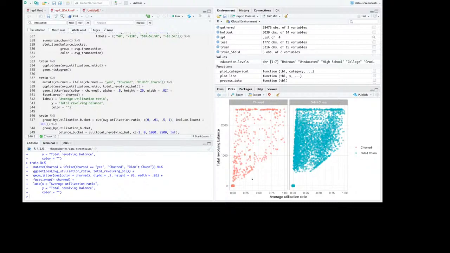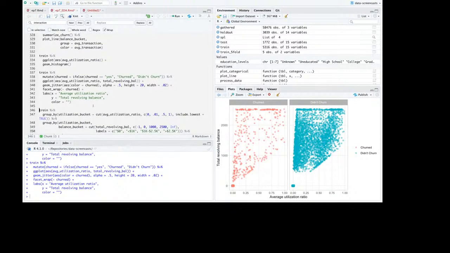And there is kind of a relationship here in terms of the total revolving balance of a particular region always churning. That's a little bit interesting, but that's kind of figured.